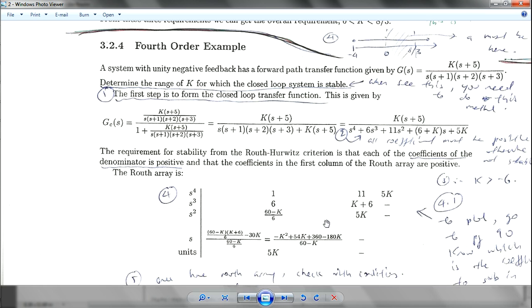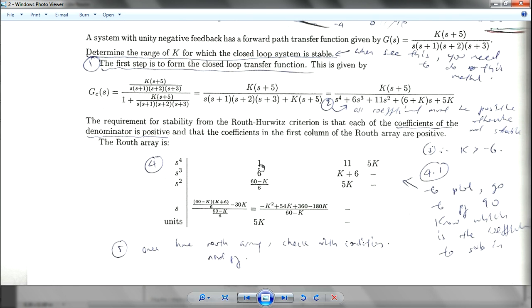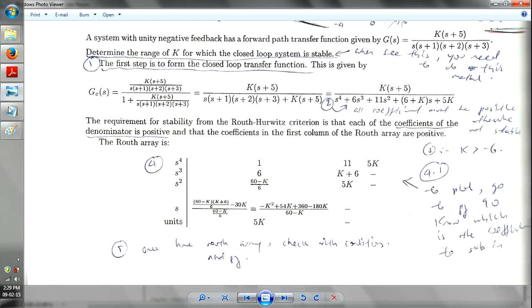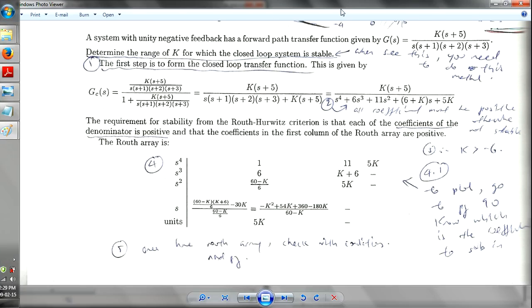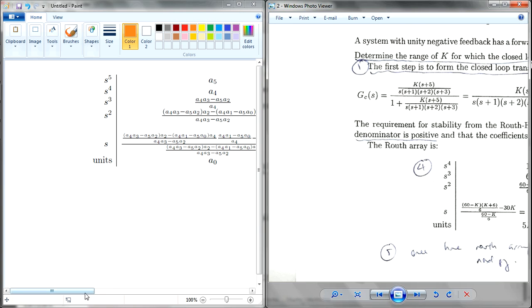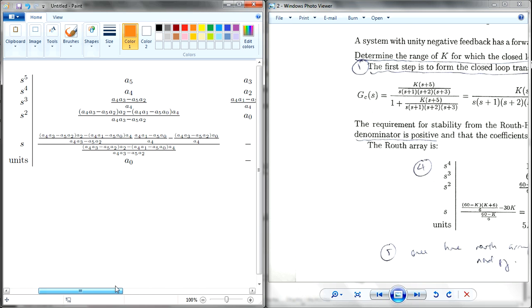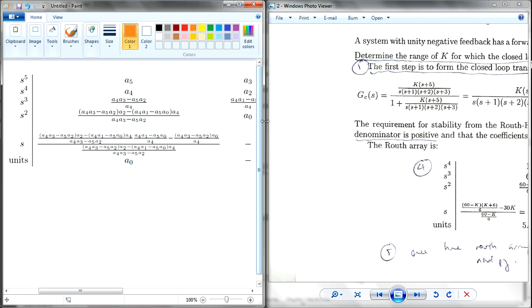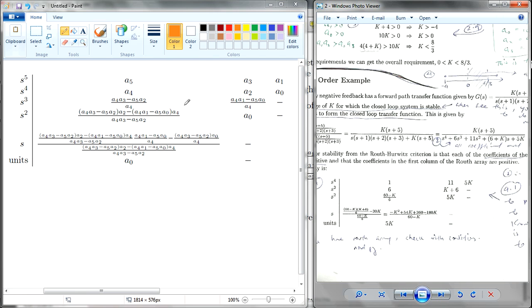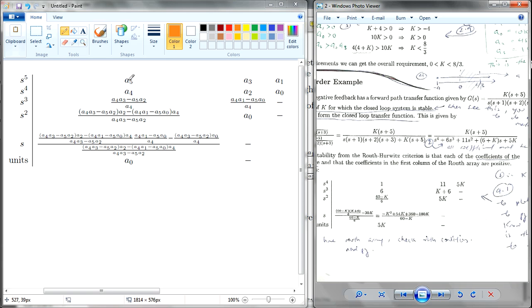With this, the first thing you need to plot is A5. Maybe I should show you. We have this is the rule of the Routh array. It's not big enough, hold on a while. I hope you can see. So A5, we'll talk about the highest order. The highest order will always be the first number over here.